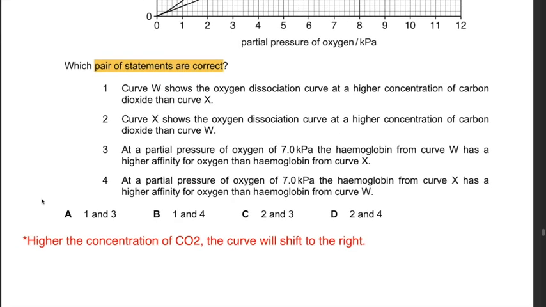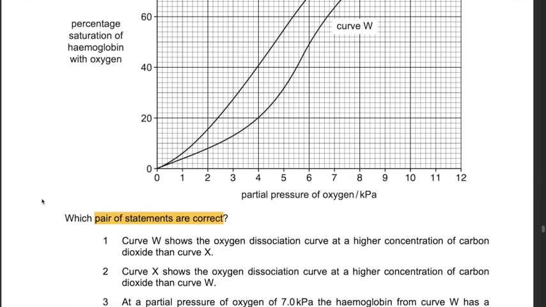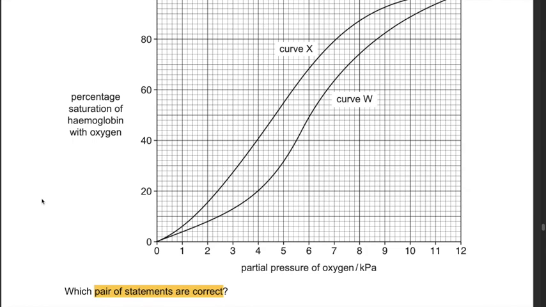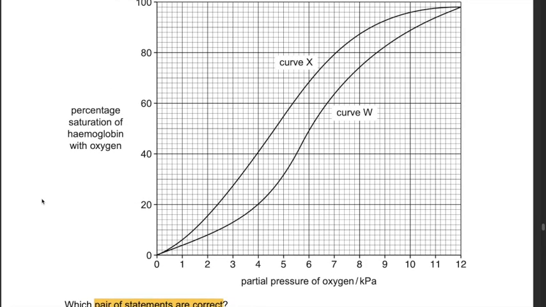Statement 3, at a partial pressure of oxygen of 7 kilopascals, the hemoglobin from curve W has a higher affinity for oxygen than hemoglobin from curve X. That is incorrect, as if we look at the graph, curve W at 7 kilopascals has a lower percentage saturation of hemoglobin, hence it cannot have a high affinity towards oxygen.